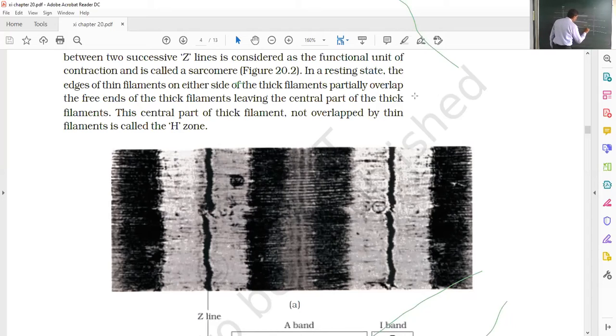They are thick fibers. So where actin and myosin are overlapping, that is the darkest zone. In this you can see some dark zone.